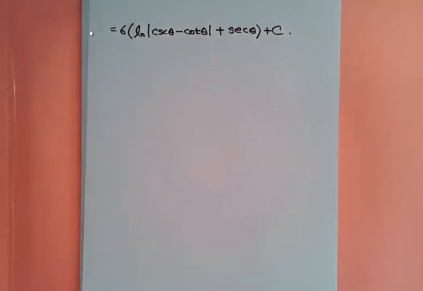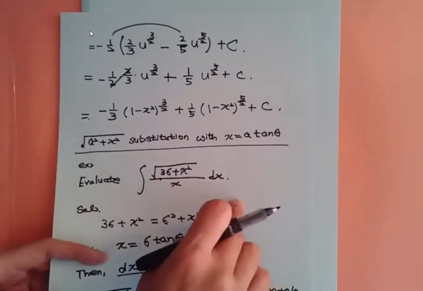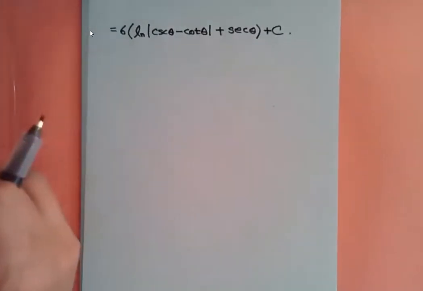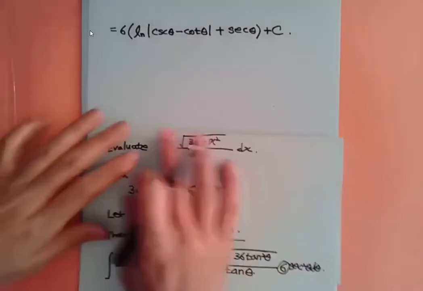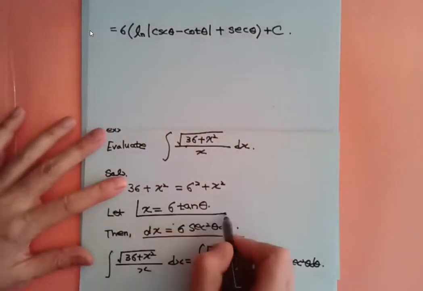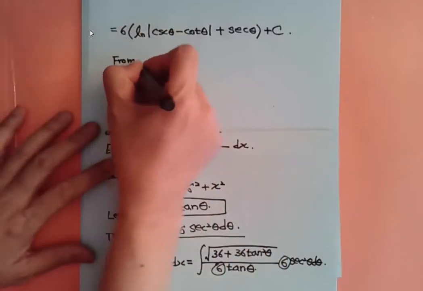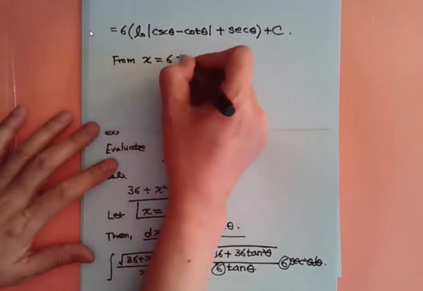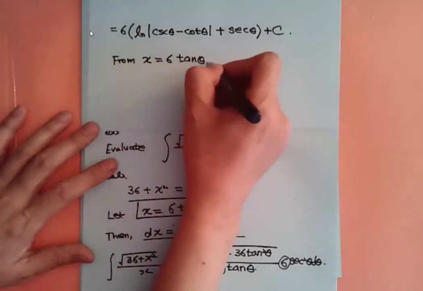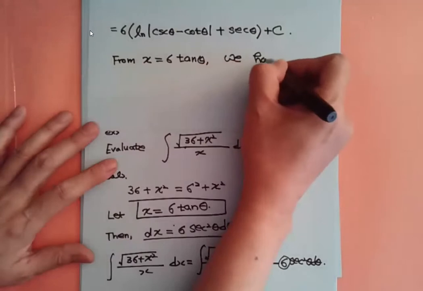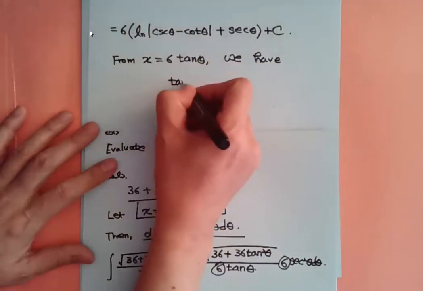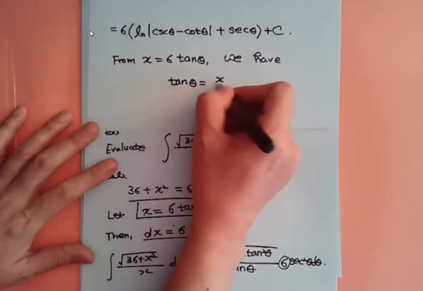But as I said, the conclusion must be x-related things because that is the original form of the integration. So we go back to this substitution. Then from x equals 6 tangent of theta, we have tangent of theta equals x over 6.